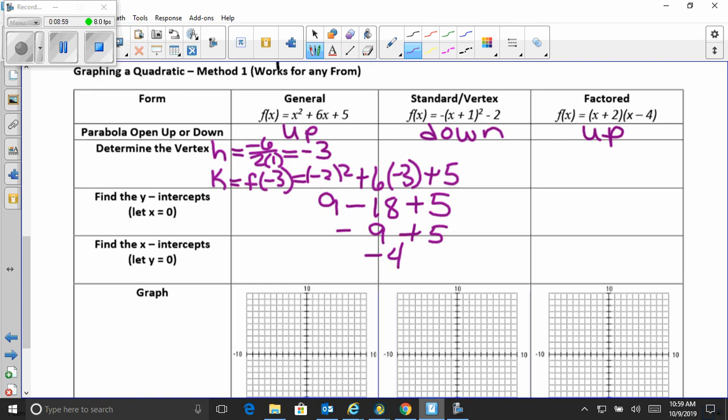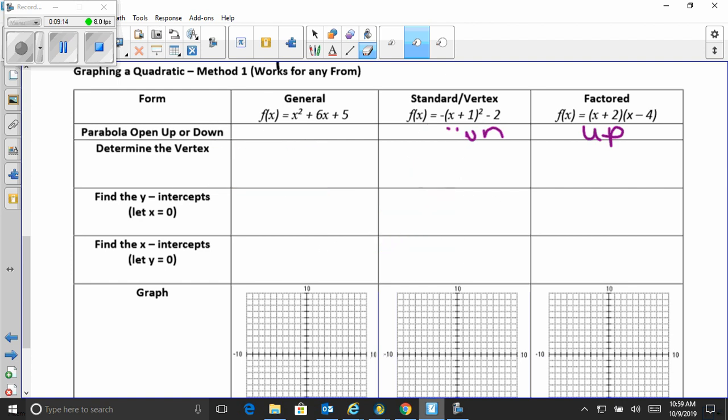All right, and then that means that our vertex is at -3, -4. It opens up. The vertex is -3, -4.